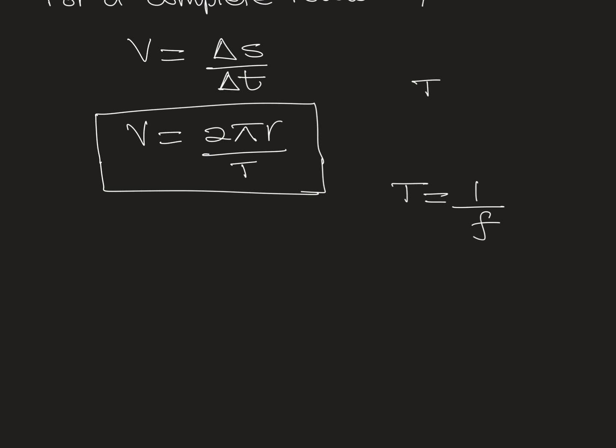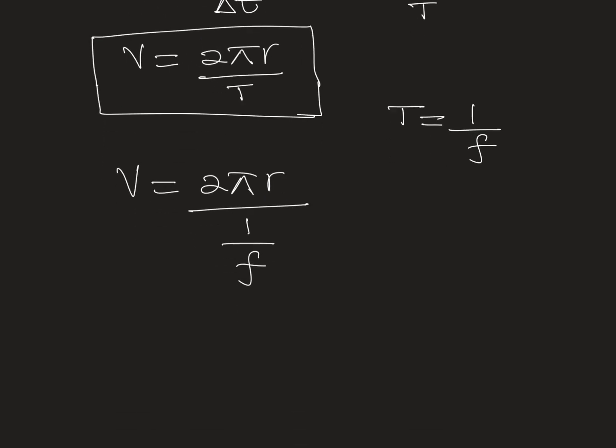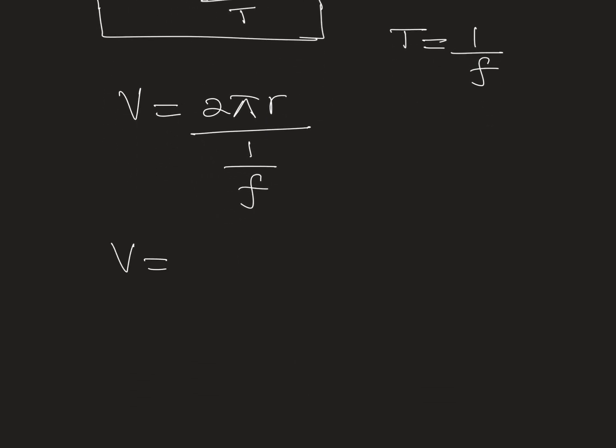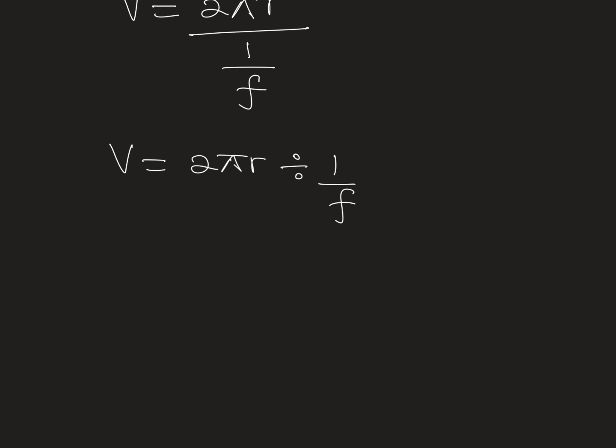So that will be V is equal to 2 pi r divided by 1 all over the frequency. So V will be equal to 2 pi r divided by 1 over f if I want to write it this way. So to change the division sign to multiplication, I will have to invert this. So that is going to be 2 pi r f.